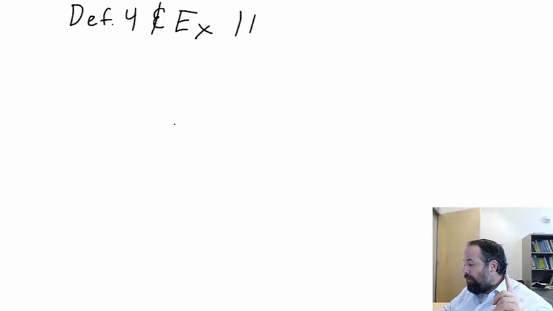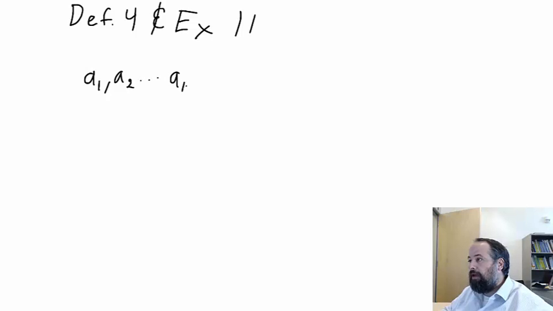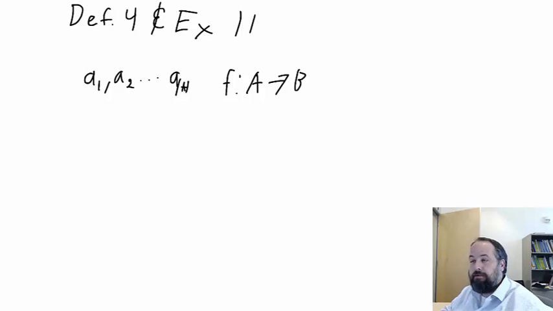So the formal definition, let me read this. Let A be a finite ordered set of elements, ordered A1, A2, all the way down to A, whatever the size of A is, right? Let B be any set, and the function f from A to B can be written in one-line notation.